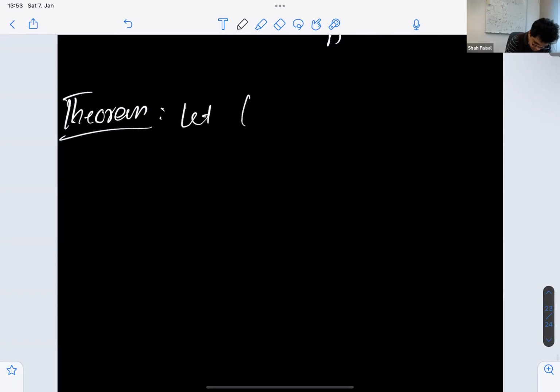Let you have a manifold with the Riemannian metric g. So let's not call it g because I didn't denote it that way, it's this inner product notation. So let's say you have a Riemannian manifold.